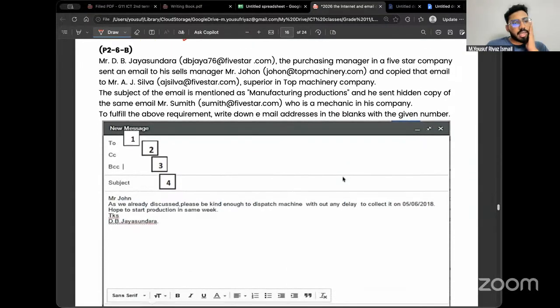Next, Mr. DB Jayasundara, the purchasing manager in a five-star company, sent an email to his sales manager, Mr. Johan, and copied that email to Mr. AJ Silva, who is a superior in a top machinery company.